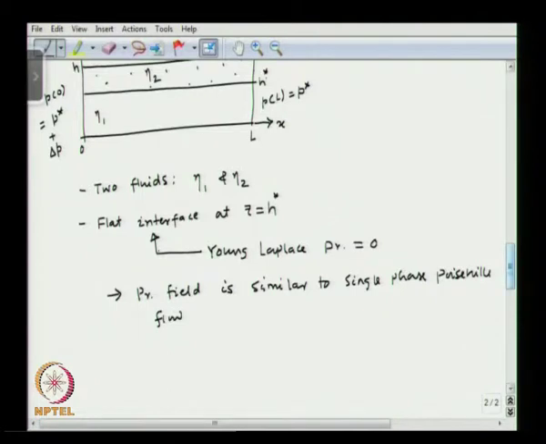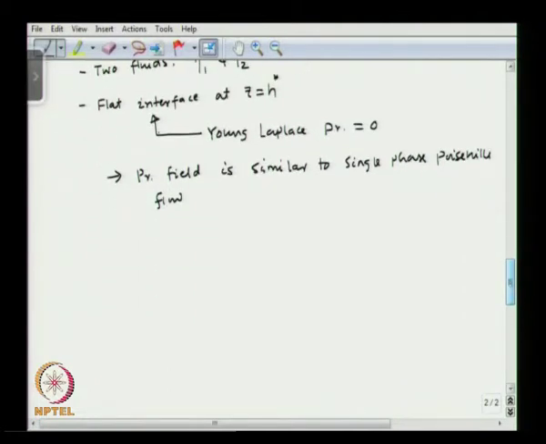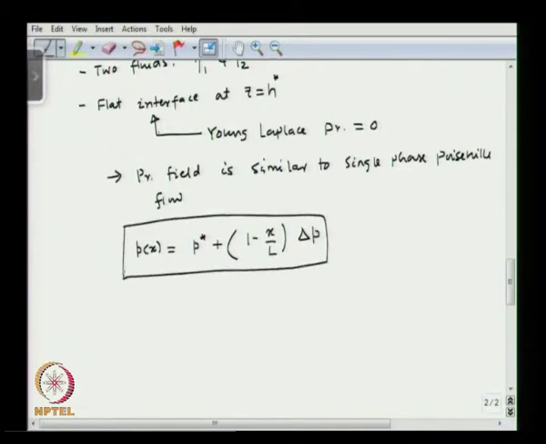That means it varies linearly. So P of x could be P star plus (1 minus x over L) into delta P. That is how the pressure is going to vary between the inlet and outlet.